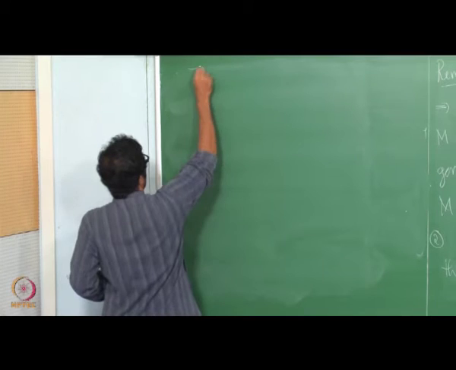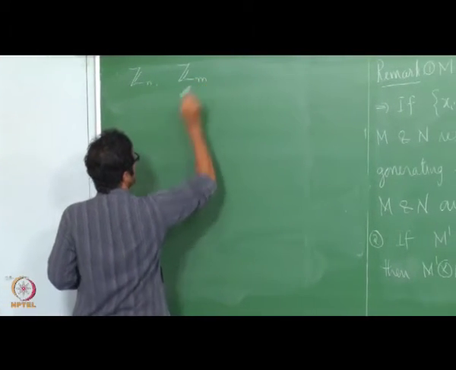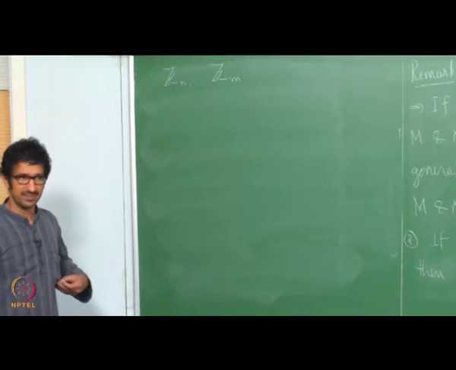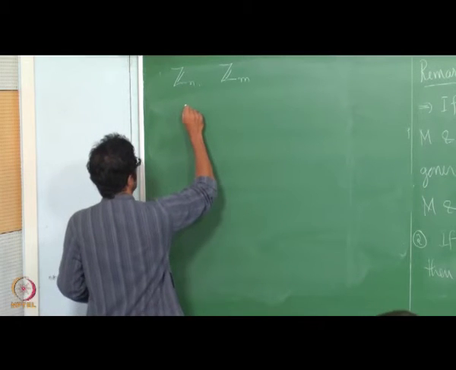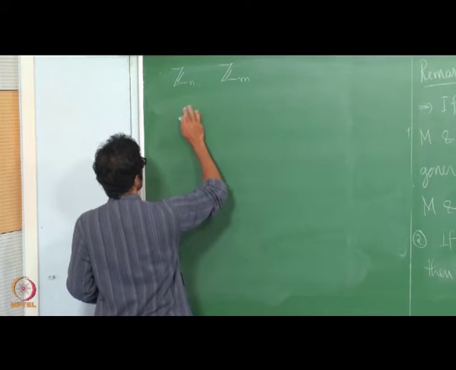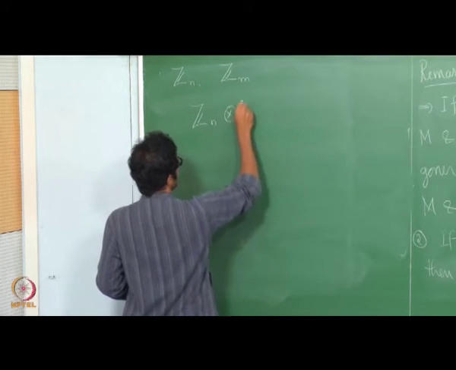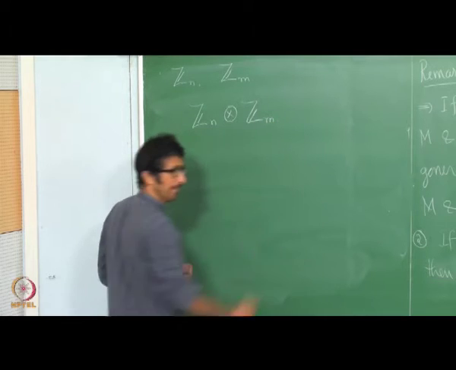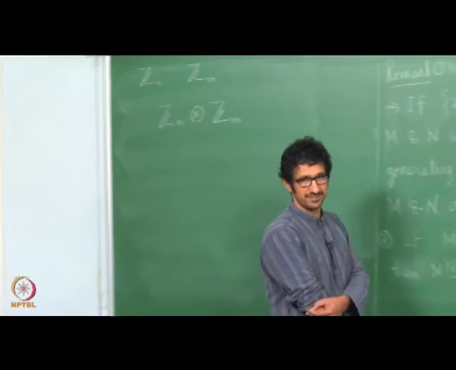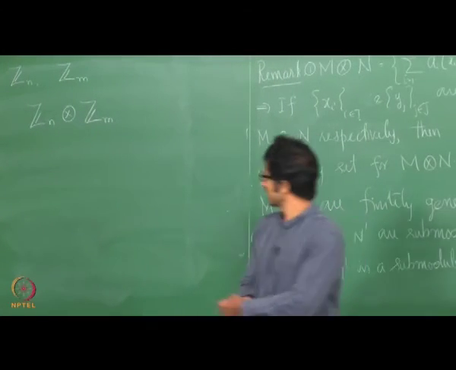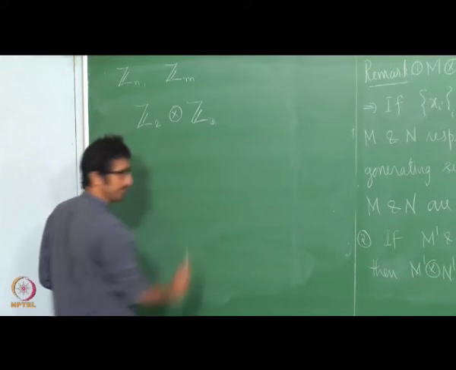I have Zn, I have Zm. So let us look at Zn tensor Zm. What would this module be? Let's start with Z2 tensor Z3.